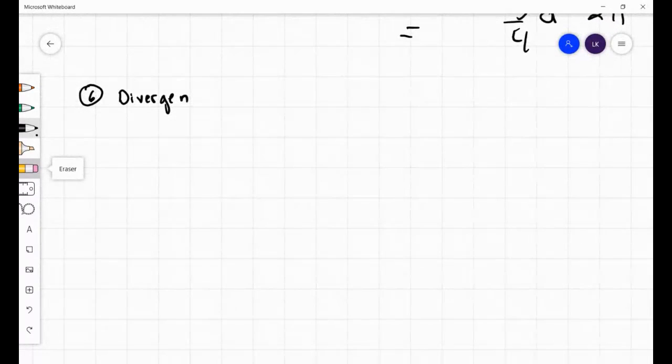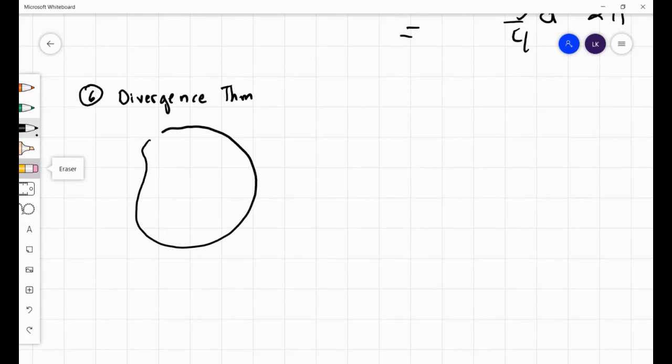Okay, so now we have divergence. This time you have a 3-dimensional blob, a 3-dimensional region. And then you have the boundary of that region, which is a closed surface.